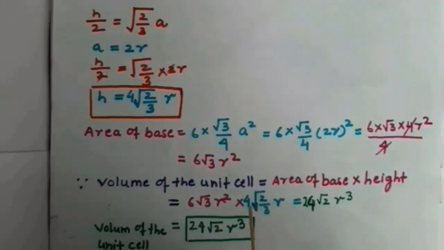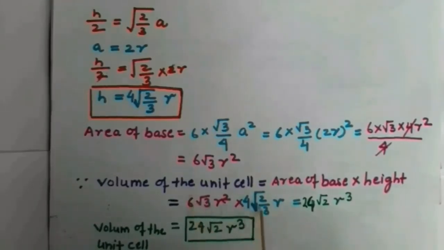Now this will be equal to 6 multiplied by 4, that is nothing but 24, root 3, and this root 3 placed in the denominator will cancel out, and we get 24 root 2 r cube. Here r square multiplied by r will give you r cube.